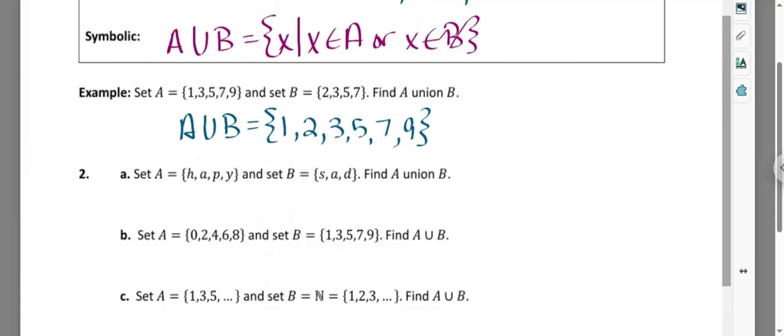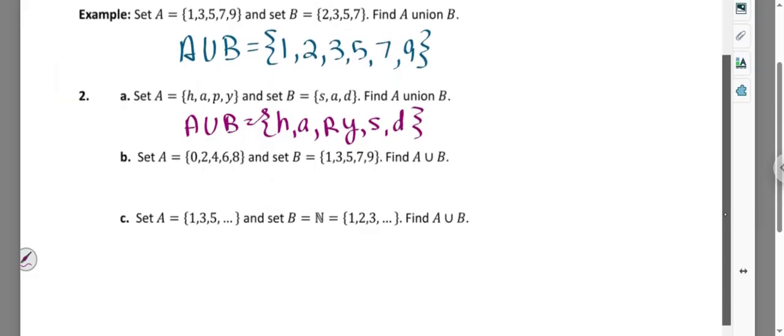All right, so the union of A and B is, we have our letters H, A, P, Y from the first one, and the additional letters of S and D. A is already listed, so we don't have to list it a second time.